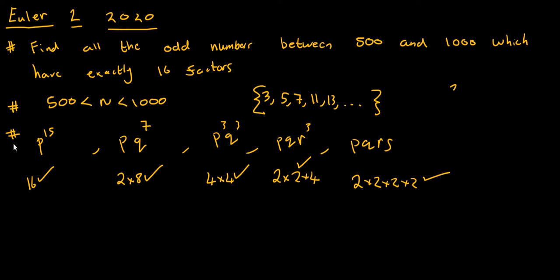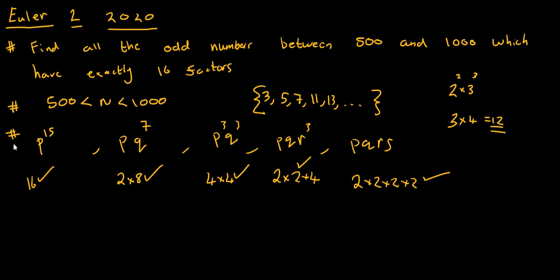So say for instance we've got 2 squared times 3 cubed. This has 12 factors, not 6 factors. Nearly made the mistake myself.